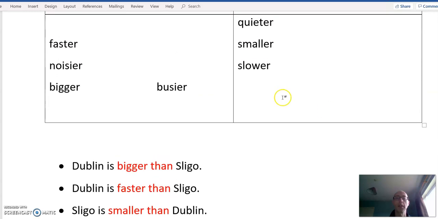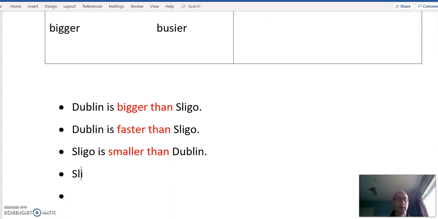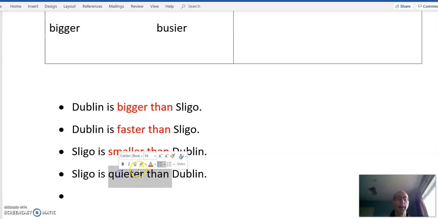Sligo is quieter than Dublin. Quieter than. So remember, when we're comparing two things, we need than. Than is important.